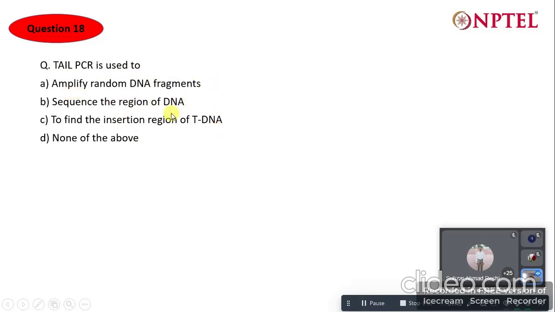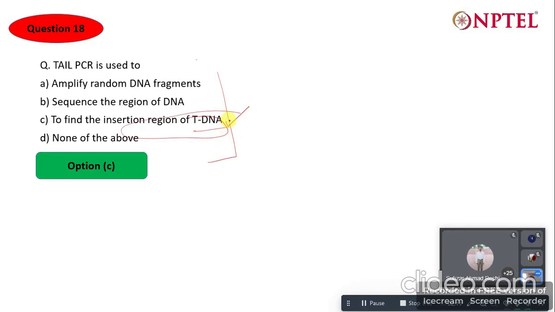Amplify random DNA fragments, sequence the region of DNA to find the insertion region of tDNA, or none of the above. So TAIL PCR is basically used to find the insertion region of the tDNA in the plant. It is used as a marker technique to identify this region. So in that case, option C is correct.